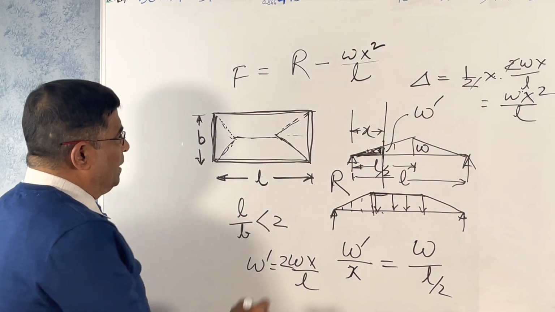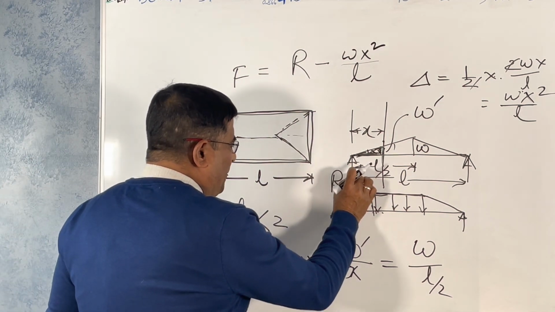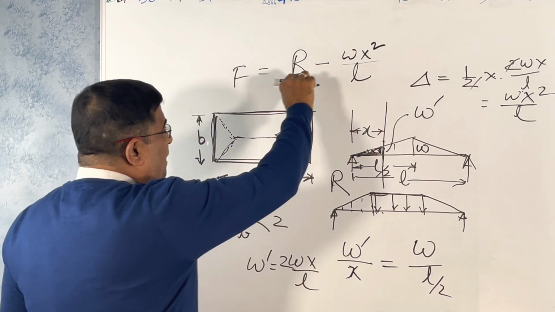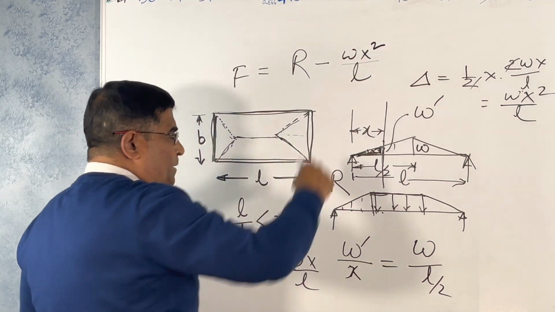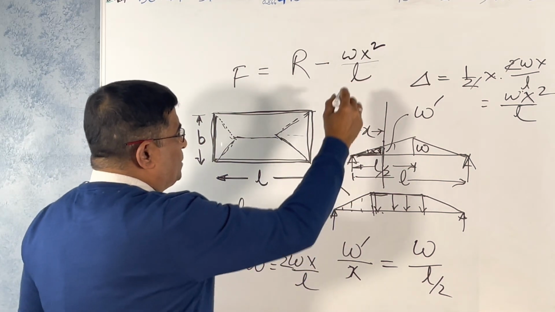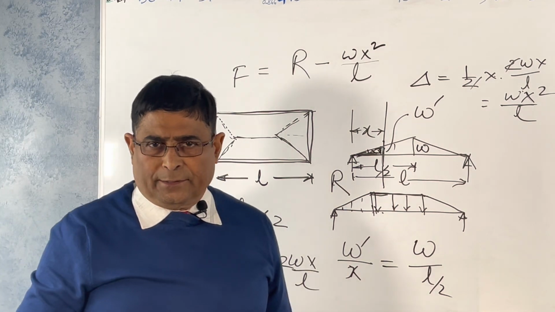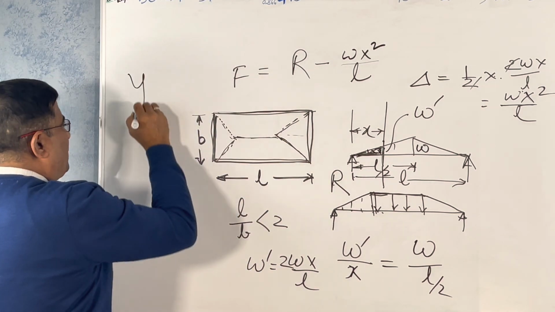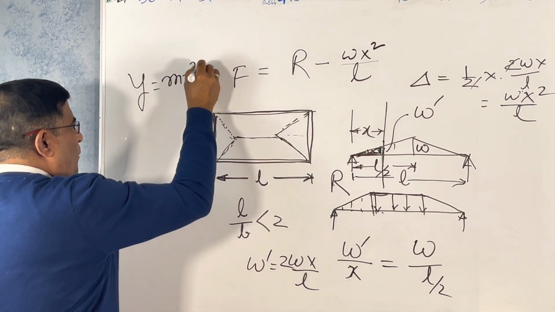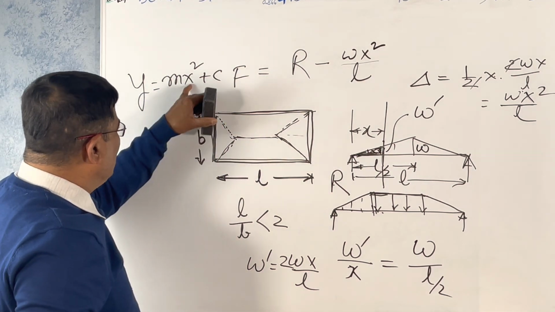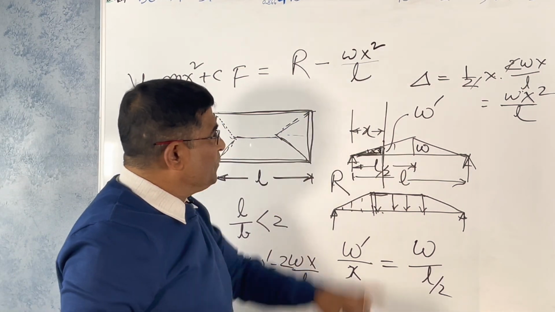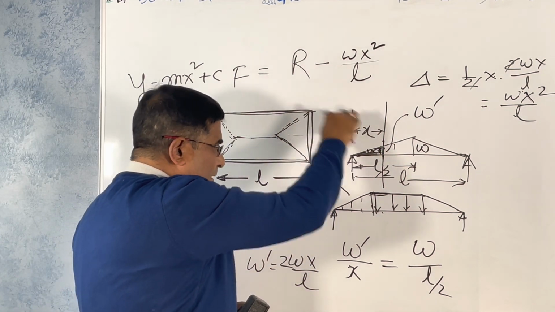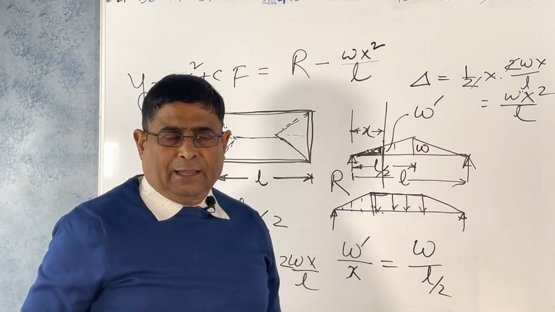You have a constant value, the reaction R, which you find out, and the load term is increasing at a parabolic rate. It is the equation of a parabola, x square, a function of x square. So that means the shear force is declining in a parabolic way.